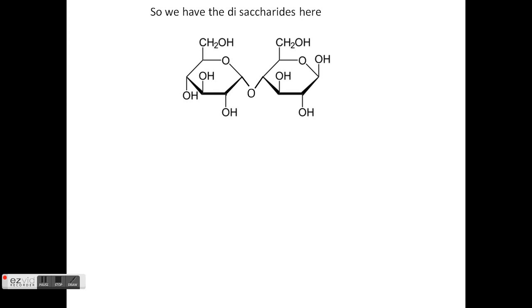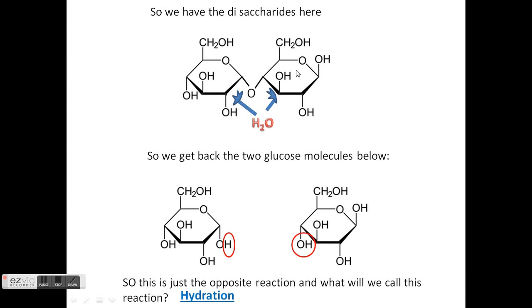So here's the disaccharide let's say we formed in our previous slide. So what we do is that we add water, and water kind of pushes away these two units. We'll have our two glucose units, and then one hydrogen joins with this oxygen, and then it's separated.